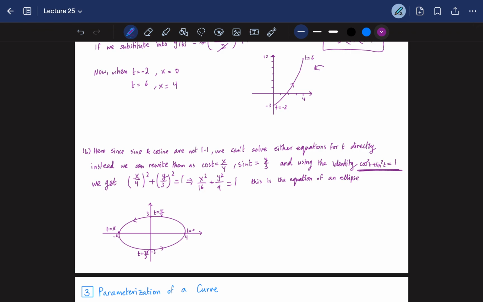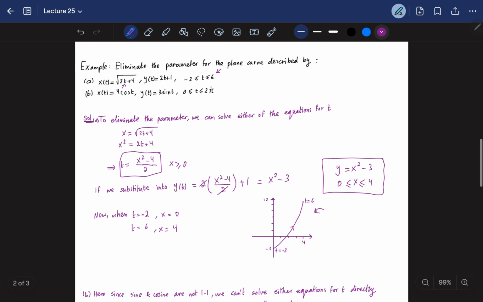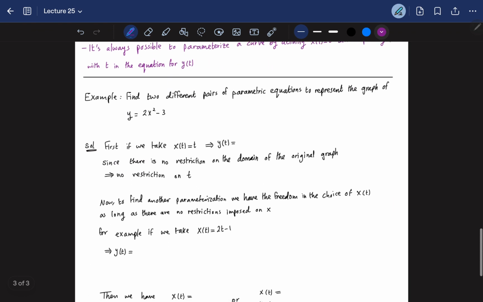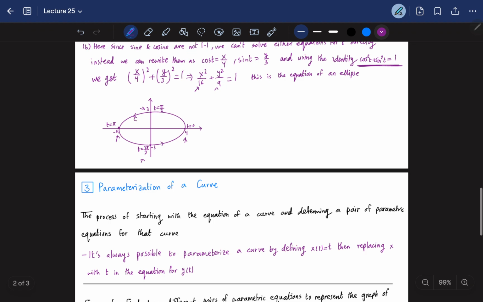It's a horizontal ellipse with the values of x, 4 and negative 4, because you take the square root of 16, and the values of y are 3 and negative 3, because you take the square root of 9. If you go back to your t value, it's between 0 and 2 pi. So you're moving anti-clockwise along your ellipse for different values of t.